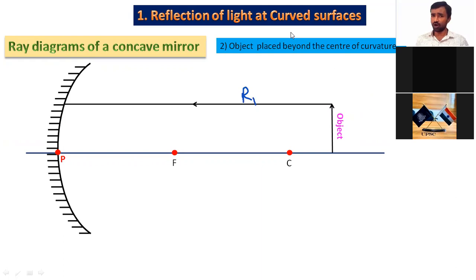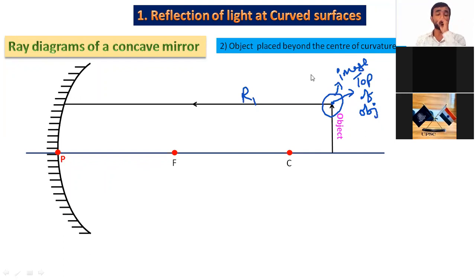So here, how many rays you are choosing? That rays compulsory from the same point. That point is what? From the top of the object. Compulsory it is. Why? This image you are trying to obtain, right? So that I am explaining you here. So we'll go for the next process.